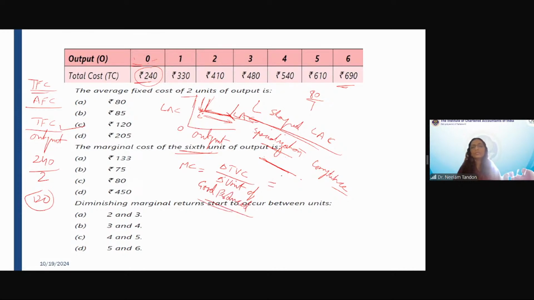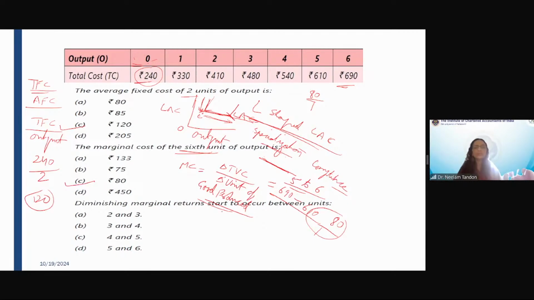So change in total from 5 to 6 is 690 minus 610, that is 80, divided by 1. So marginal cost will be 8.